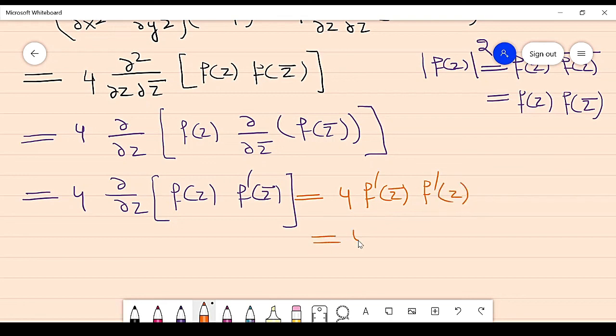So this is 4 times the absolute value of f dash z raised to power 2, because this can be written as f z into f z conjugate. So this is equal to this value, which proves the result. In the next lecture we will discuss again a very important example.